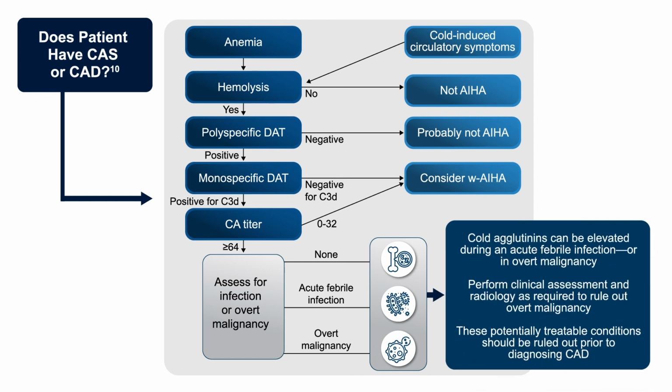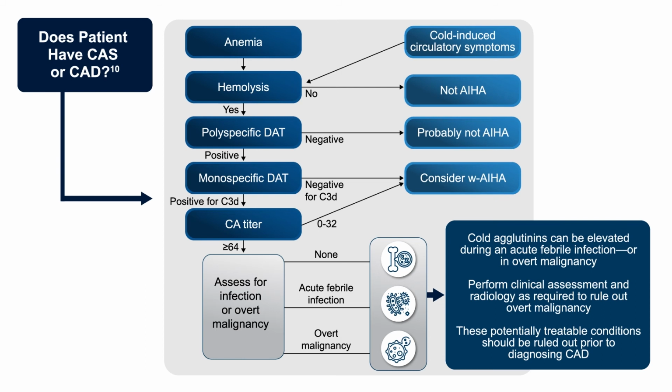So cold agglutinins can be elevated during acute febrile infection or in overt malignancy. We need clinical assessment, appropriate radiology examinations to rule out overt malignancy, and appropriate laboratory evaluations to rule out infections.